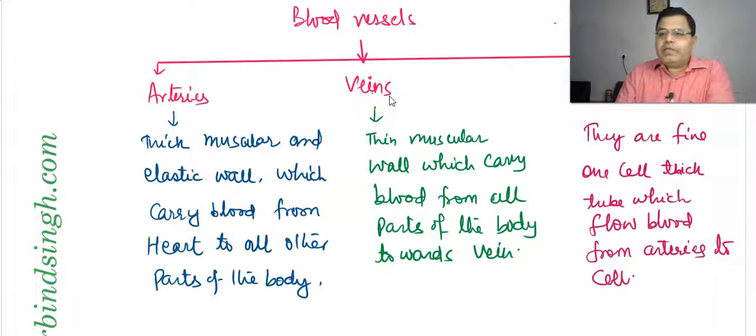So capillaries are fine tubes connected to the cells, and one cell thick, which flow blood from arteries to cells.